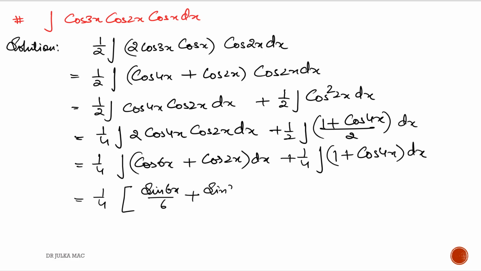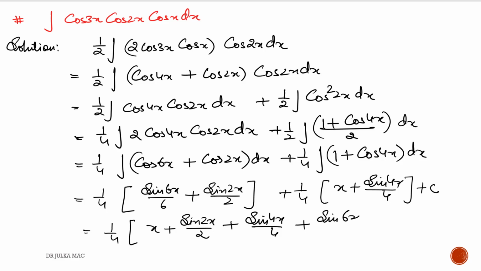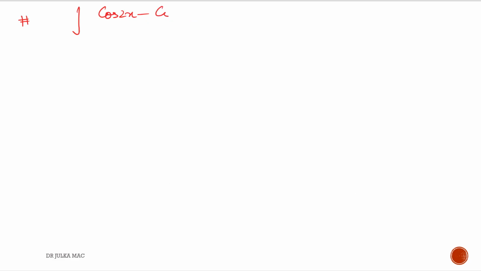Integration of cos 6x is sin 6x upon 6. Integration of cos 2x is sin 2x upon 2, plus 1 by 4 outside. Then integration of 1 is x and the integration of cos 4x is sin 4x upon 4. And when we take 1 by 4 common, we will get the answer x plus sin 2x upon 2 plus sin 4x upon 4 plus sin 6x upon 6 plus c.